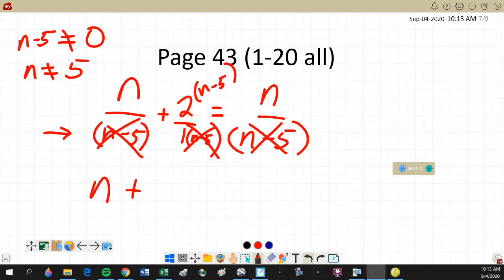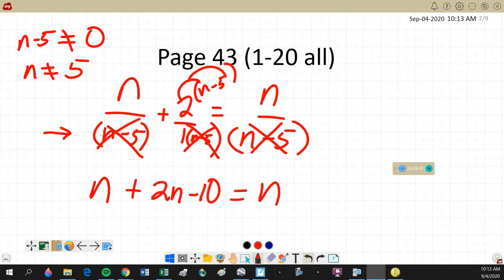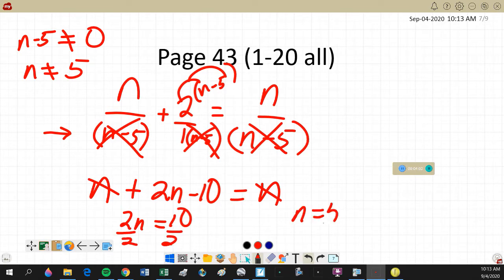N plus 2n minus 10 equals n. Well, those n's knock each other out. And then I add 10. And I divide by 2. And I get n equals 5.